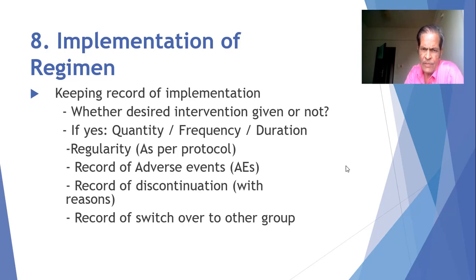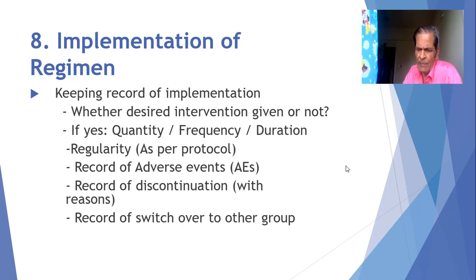So if it was discontinued for that reason, those reasons must be mentioned. If the person switches over to the other group, that is, a study group person goes to the control group, meaning that for some clinical reasons the person is required to be switched from one group to the other in the treatment, then the reason for that should also be mentioned.